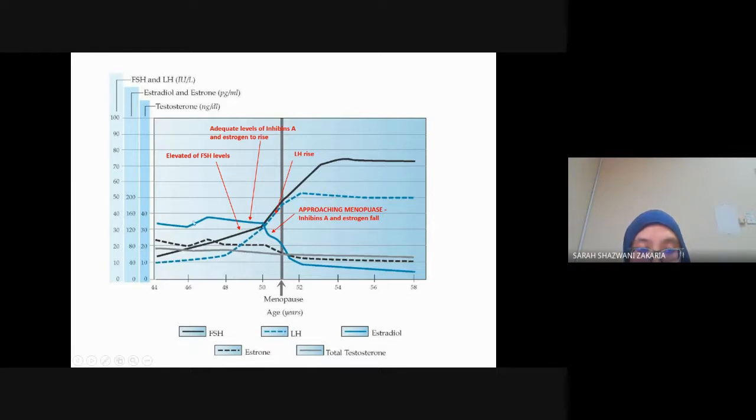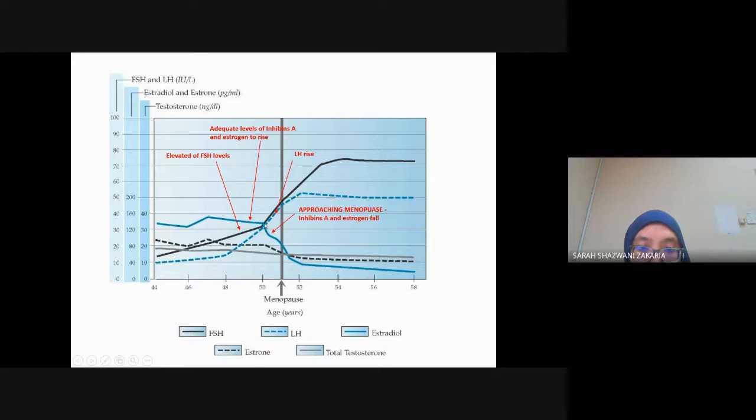With this declining pattern, we can see the increment pattern of the gonadotropins, because of the responsiveness of the negative feedback mechanism between estrogen and FSH/LH.